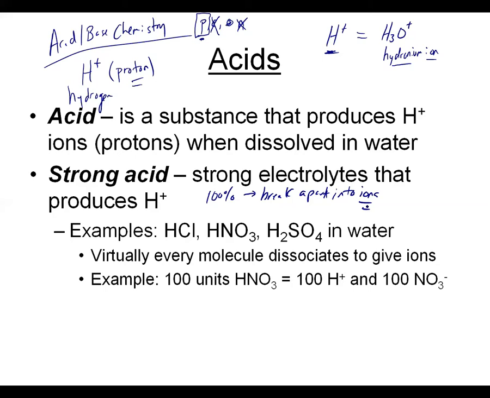For example, if we look at HCl, which is hydrochloric acid, you will typically see the aqueous symbol written, which also indicates that it is an acid. Aqueous, again, basically means it's a solution.